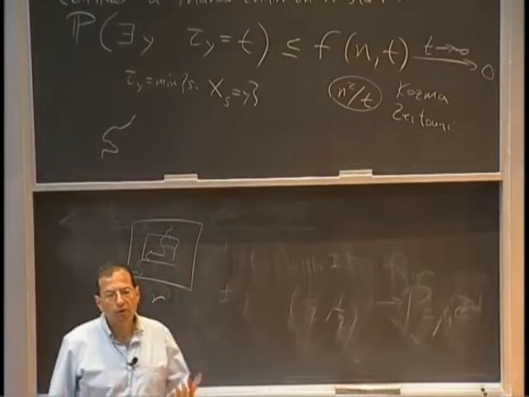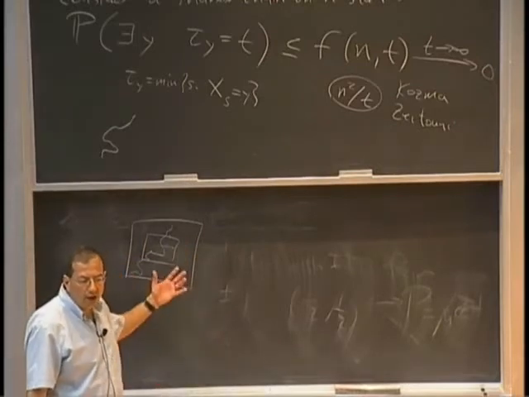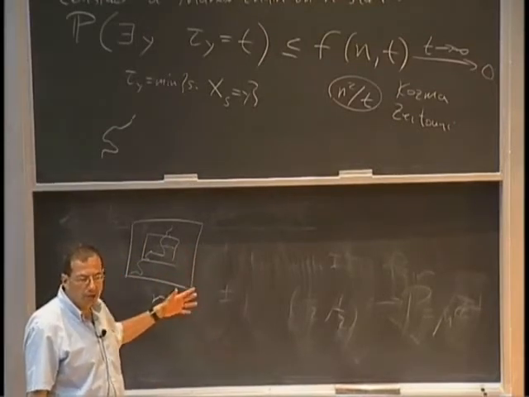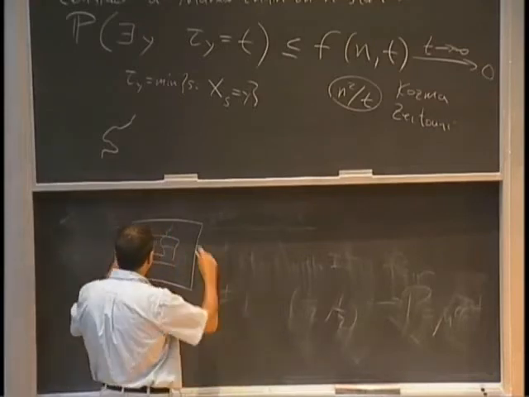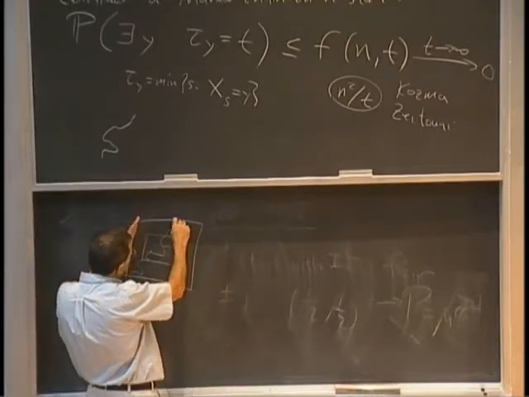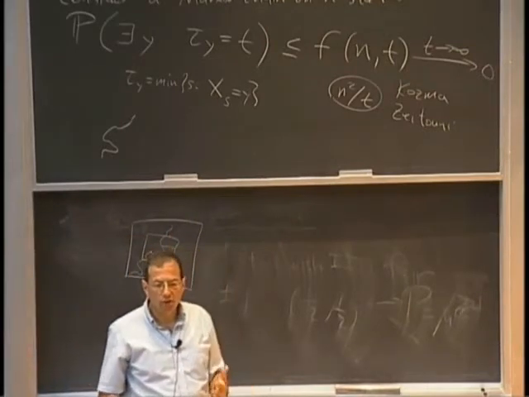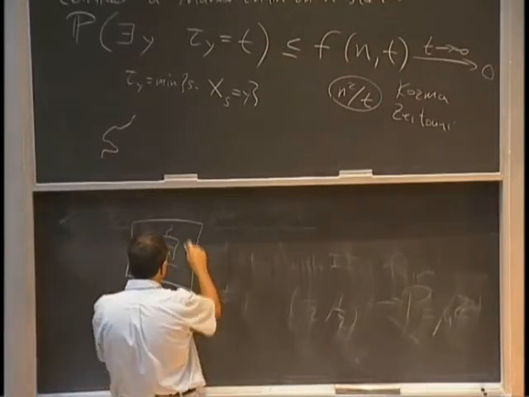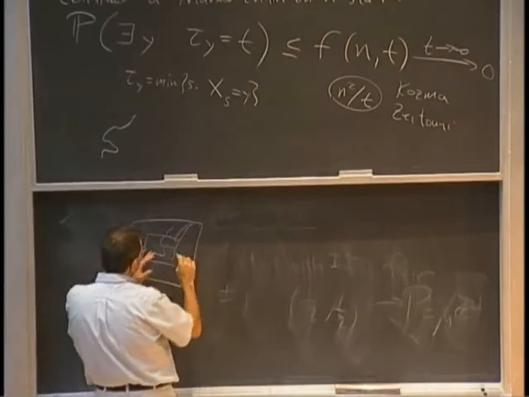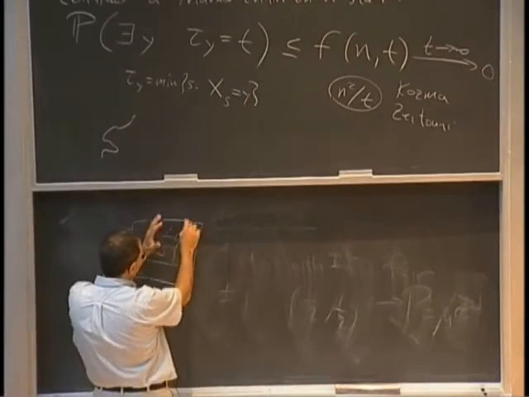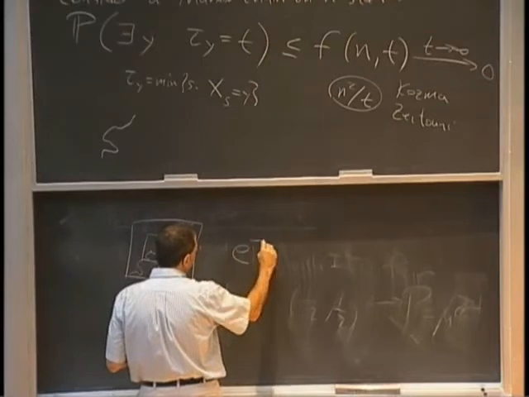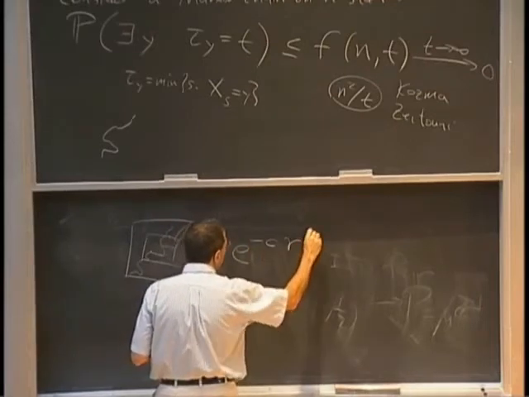If we want to fill more than half, then we have to make R to the d minus 2 such trips. Each time, to get from the boundary of the box back to the center costs us some constant probability. So to do R to the d minus 2 excursions from the center of the box to the boundary has probability e to the minus constant R to the d minus 2.